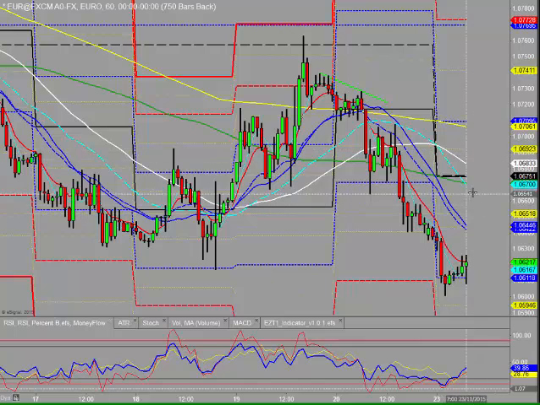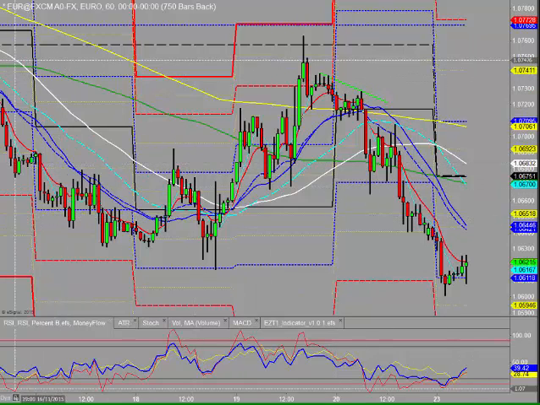So my preference really in terms of technical setup here, with a probability to the upside, may be looking for a long, but we have got the 21s in the way.